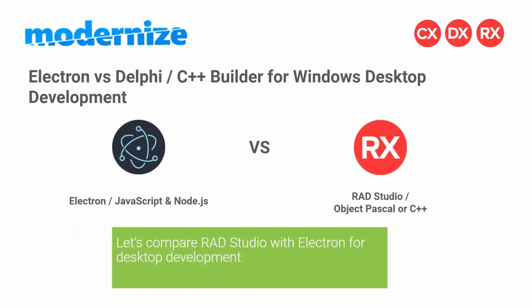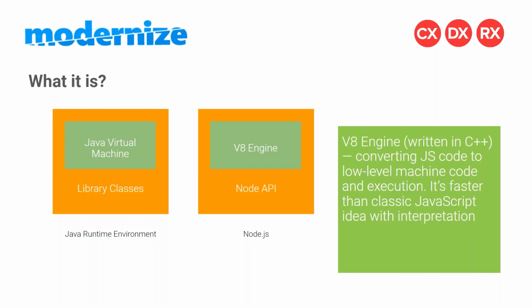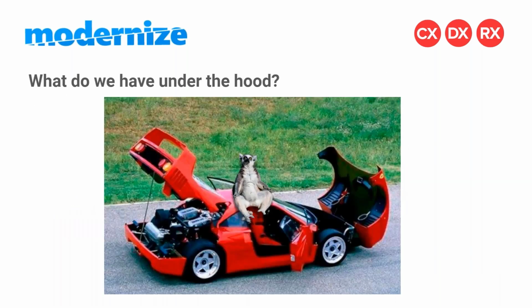And now let's compare RAD Studio with Electron for desktop development. All the time I will provide examples related to Delphi and Object Pascal, and of course Electron and JavaScript. But before we start, let's check what we have under the hood.